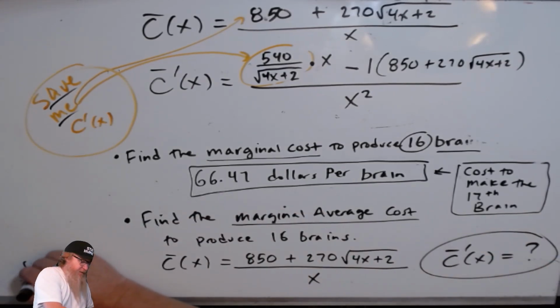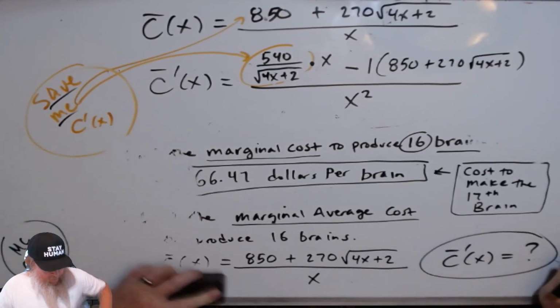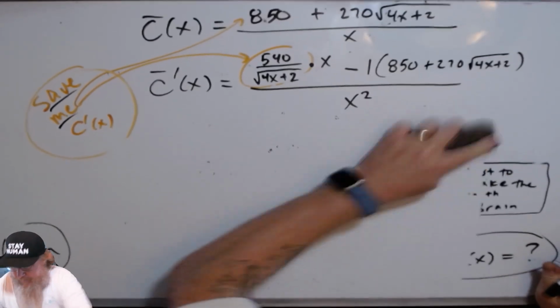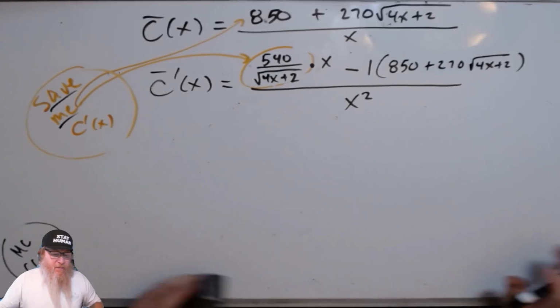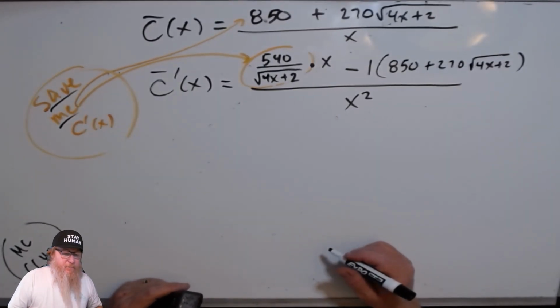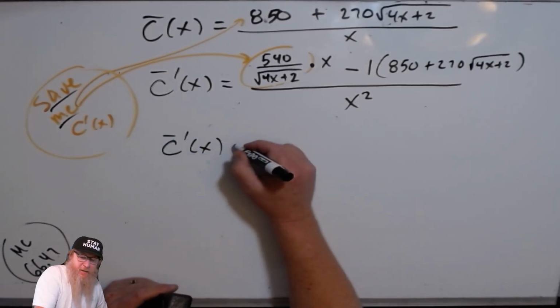I'm going to save this answer, 66.47. That's MC, marginal cost. All right. So we got marginal average cost.